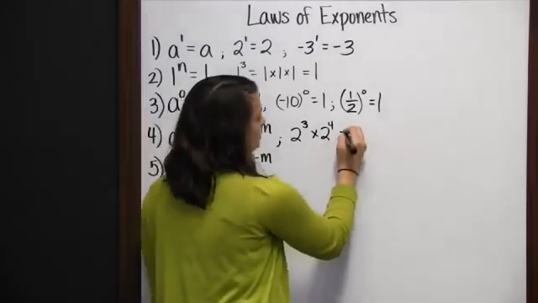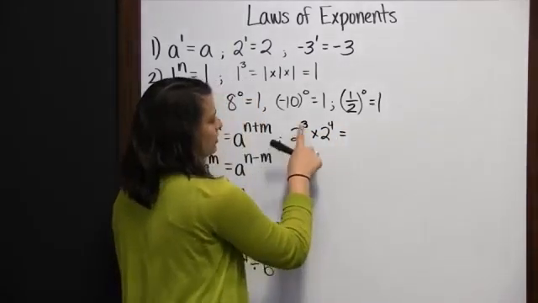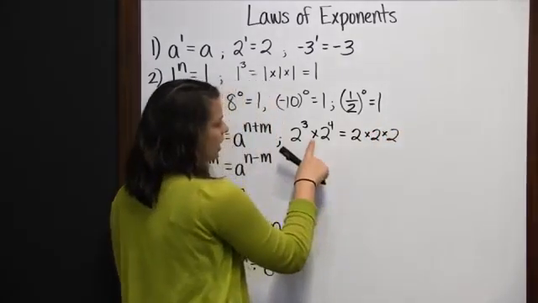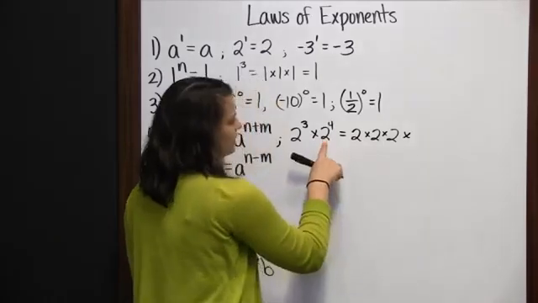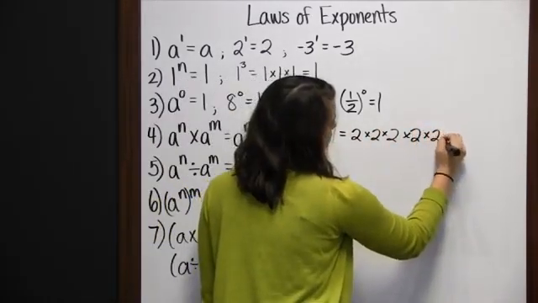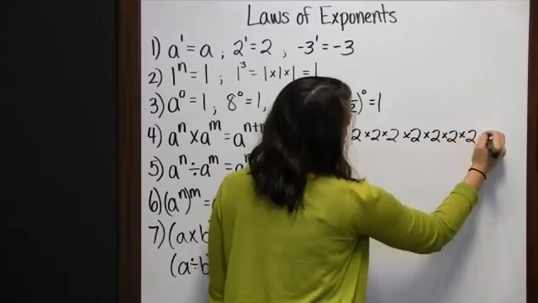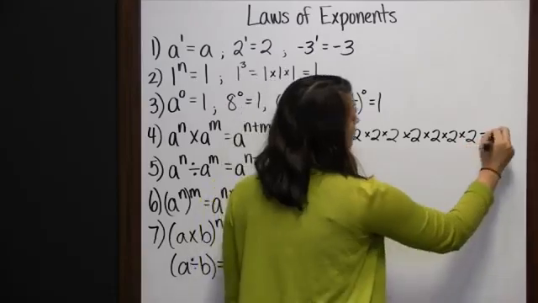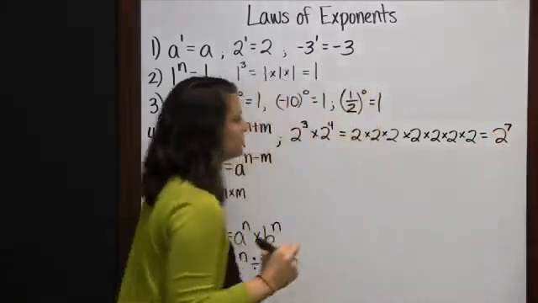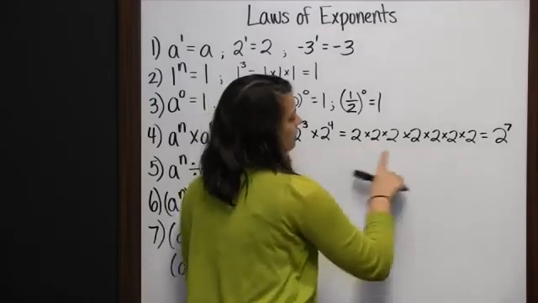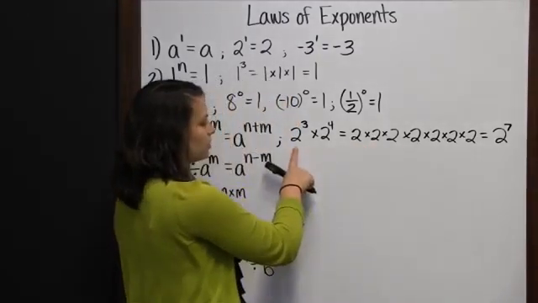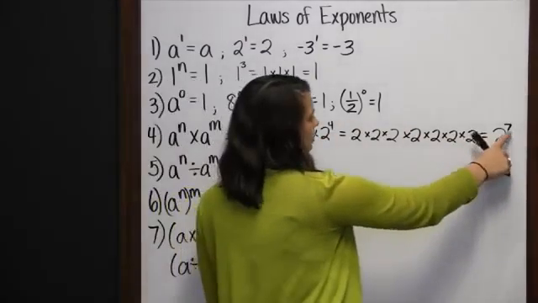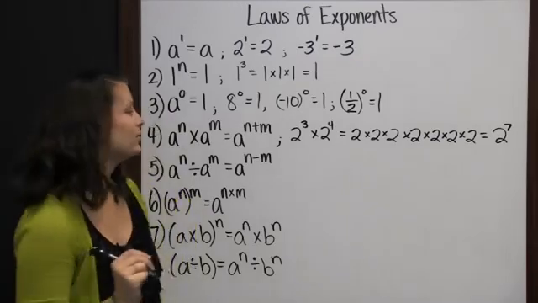What that really means is 2 cubed is 2 times itself 3 times, times 2 times itself 4 times. So we've multiplied 2 times itself a total of 7 times. So instead of going through all of this, we can just use that rule that when we multiply numbers with the same bases, we simply add the exponents. And then you could simplify from there.